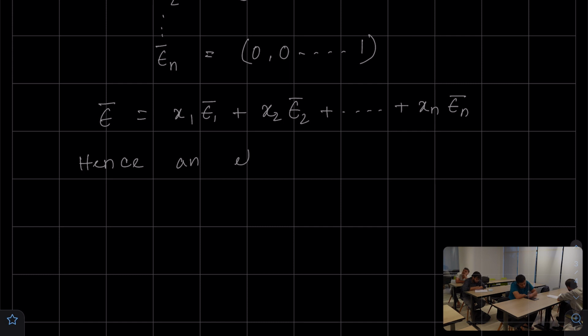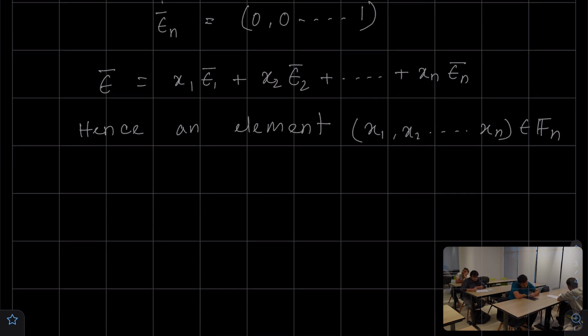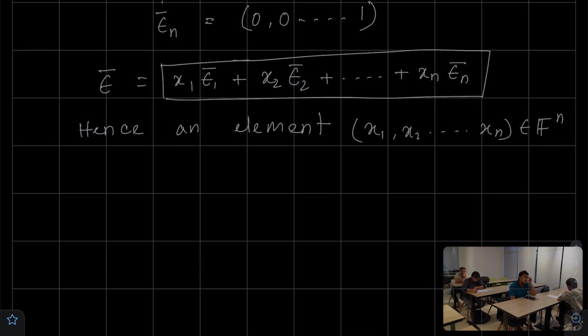Hence an element x1, x2, xn belongs to Fn can be expressed in this linear combination.